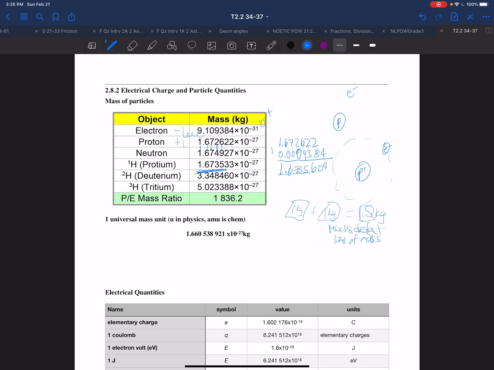And it is that loss in mass that is involved in this equation. The change in mass that's lost brings about a change in energy, which is a binding energy. Some of the mass is converted into energy, which holds the proton and electron together.